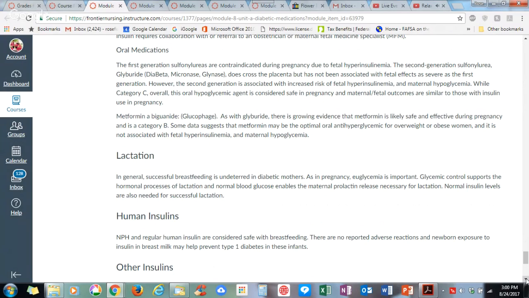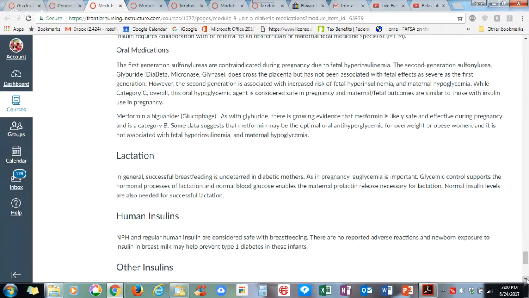However, second generation is associated with increased risk of fetal hyperinsulinemia and maternal hypoglycemia. While Category C, overall, this oral hypoglycemic agent is considered safe in pregnancy, and maternal fetal outcomes are similar to those with insulin use in pregnancy.